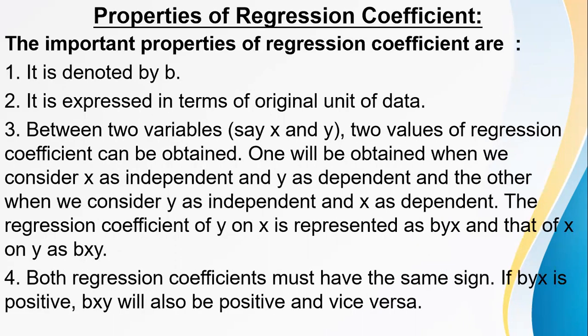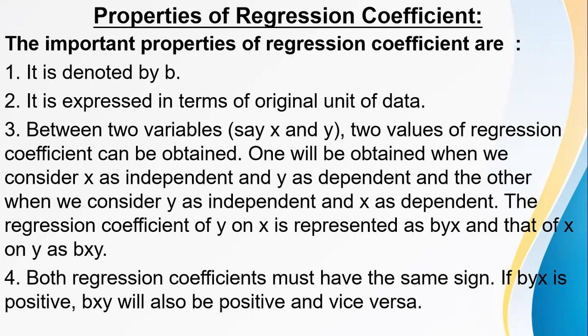The properties of regression coefficient. The main properties of regression coefficient are: the first one is it is denoted by b. It is expressed in terms of the original unit of data. Between two variables, that means x and y, two regression coefficients can be obtained. One will be obtained when we consider x as independent and y as dependent, and the other when we consider y as independent and x as dependent.